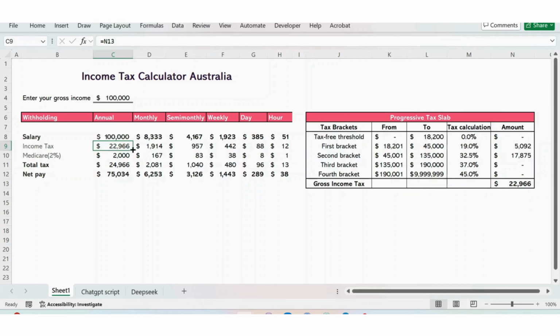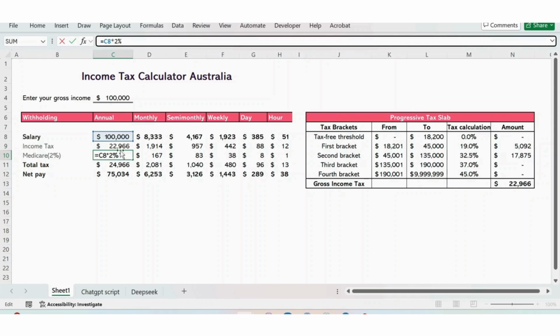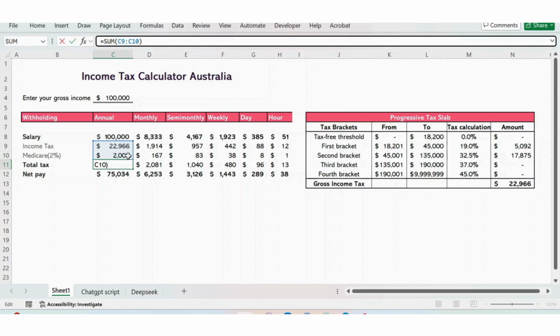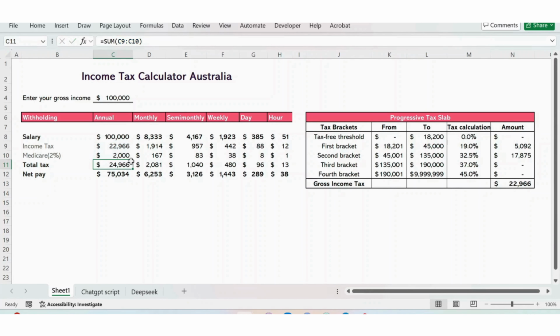Part 3, Medicare Levy and total tax. Next, Medicare Levy is a flat 2% of your gross income. So $100,000 times 2% equals $2,000. That's shown in cell C10. Total tax equals income tax plus Medicare equals $22,966 plus $2,000 equals $24,966.